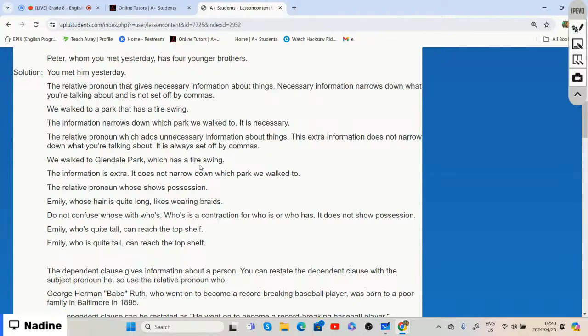For example, we walked to Glendale Park, which has a tire swing. All right.